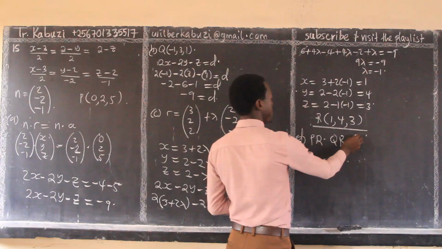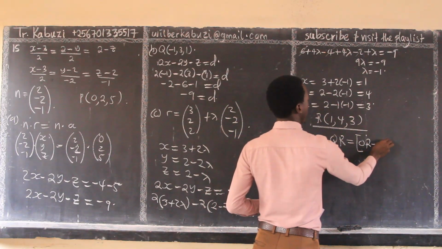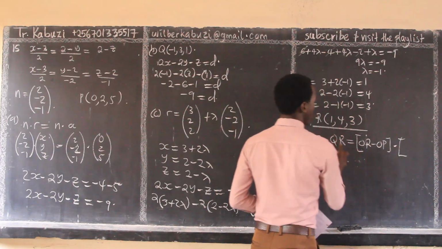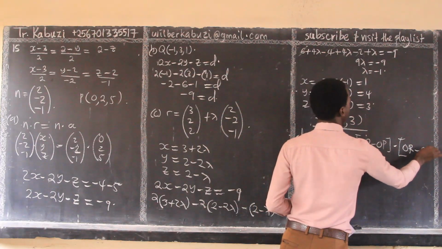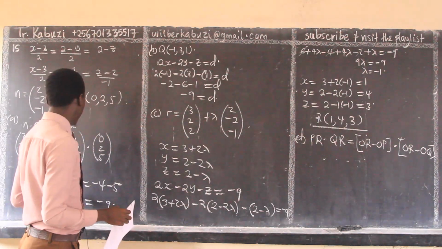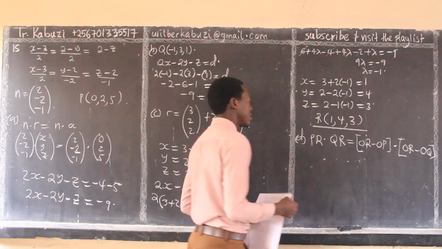Remember, my PR is the same as OR minus OP, dot QR, which is the same as OR minus OQ. But in this question, if you had anything wrong from the start, then you are not scoring anything after that.